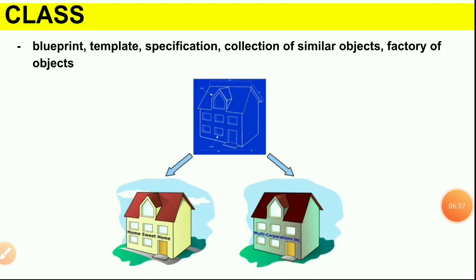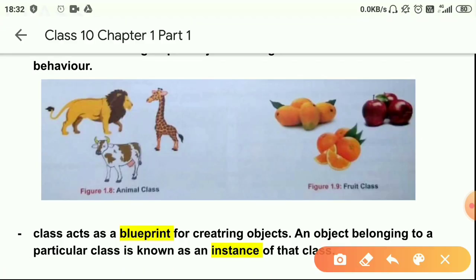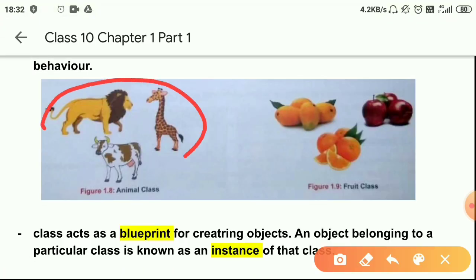So here you can see that I've listed a few names and phrases used for classes. A blueprint, we have seen. Template is the same as blueprint. Specification is provided by the blueprint, and collection of similar objects. We have already seen three examples. We have got this collection of animals.